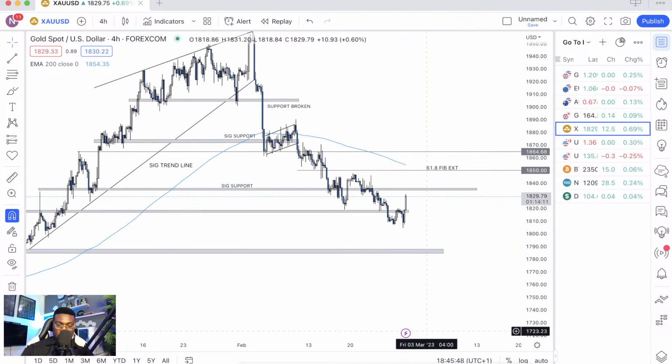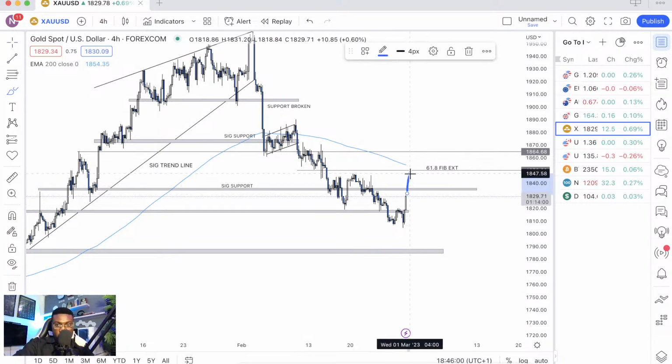right? But I don't think the bearish move on gold is over yet. This reaction could be temporary.